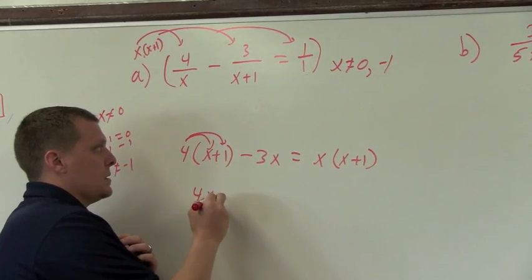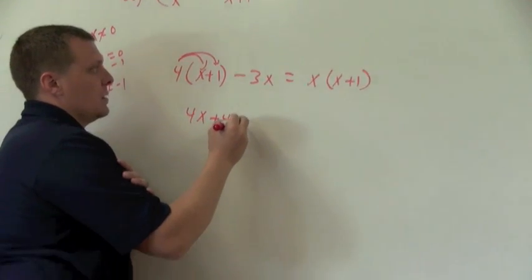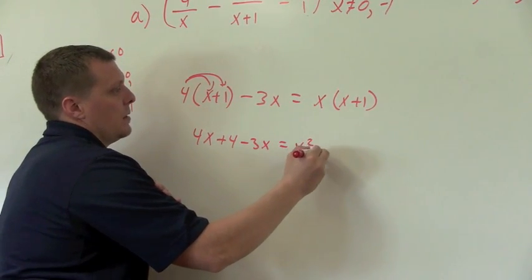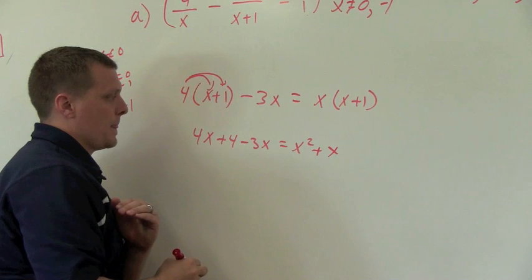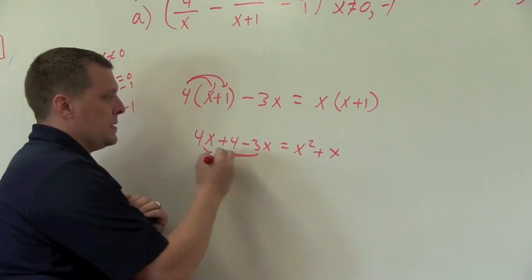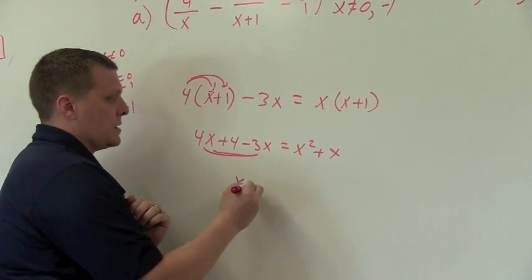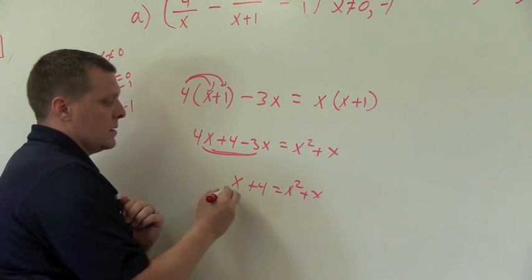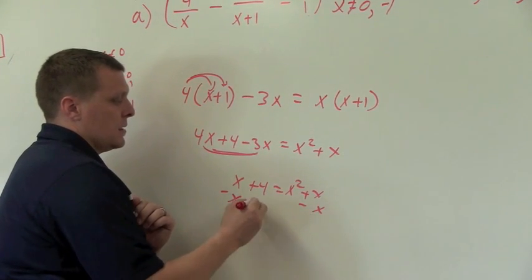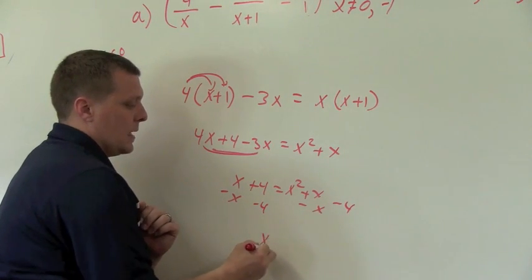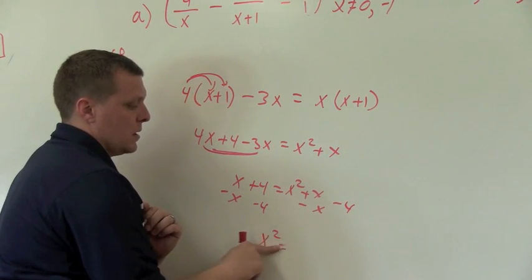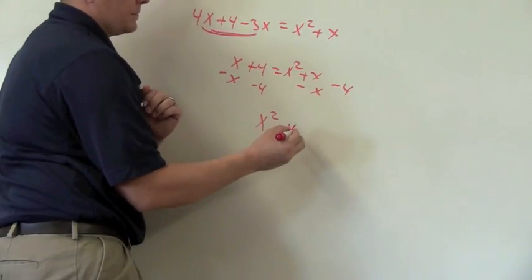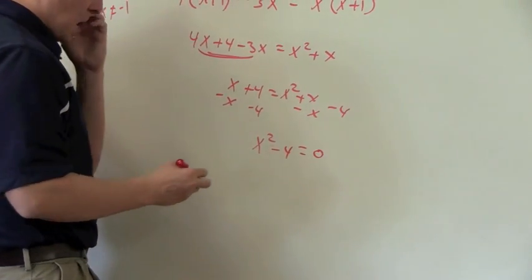I get 4x plus 4 minus 3x equals x squared plus x. Combine these two together, that gives me x plus 4 equals x squared plus x. Subtract my x, subtract my 4, I get x squared minus 4 is equal to 0.